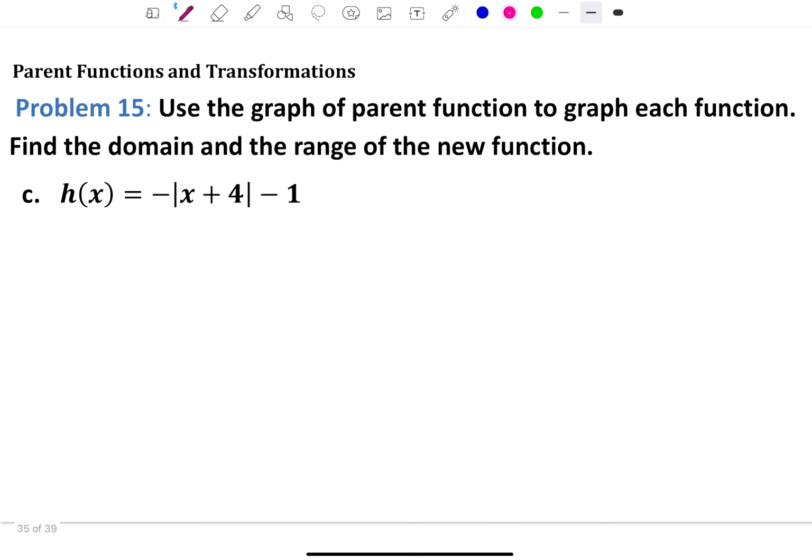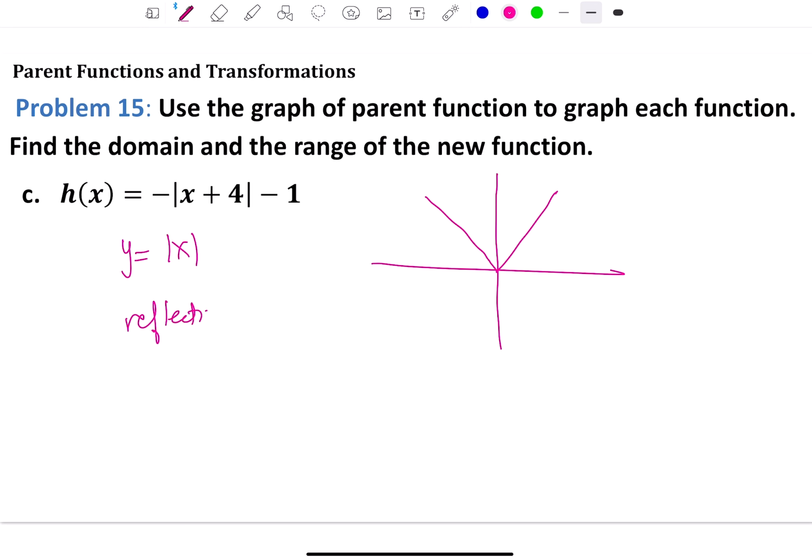Use the graph of the parent function to graph each function. So here my basic parent function is the absolute value of x, and the graph of absolute value of x looks like this. So here we have a reflection over the x-axis.